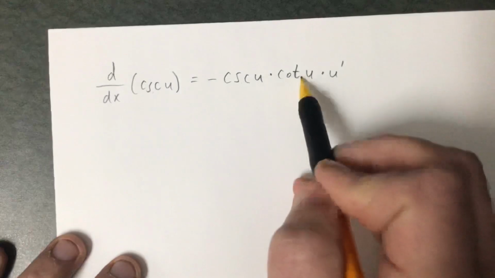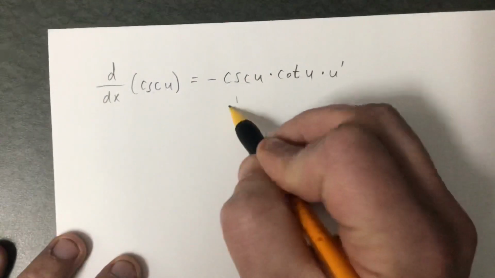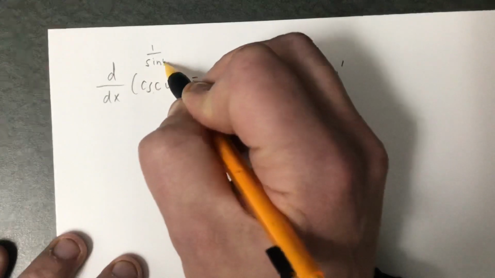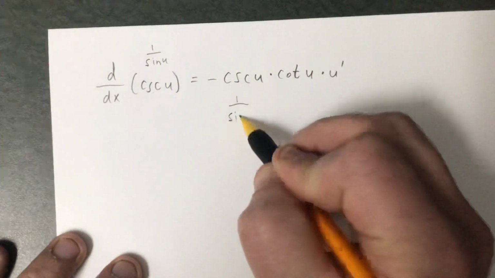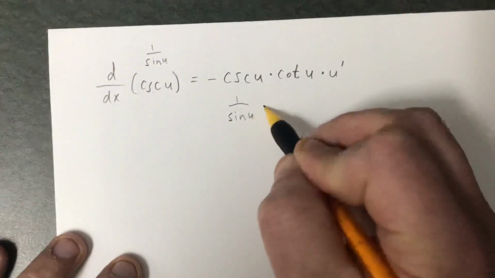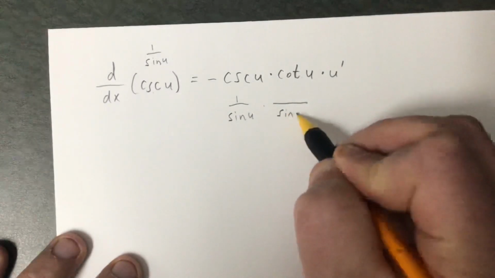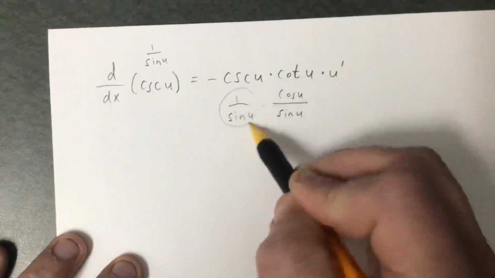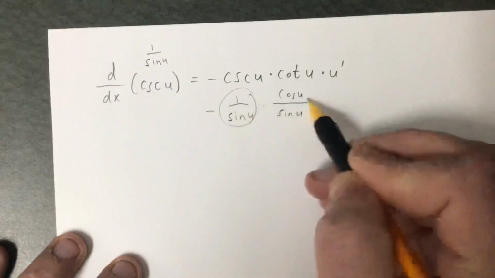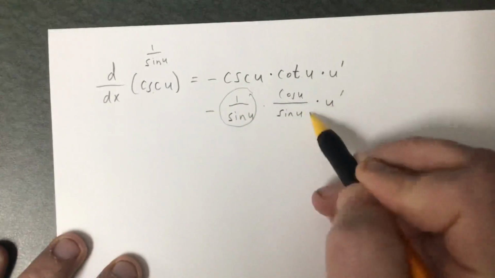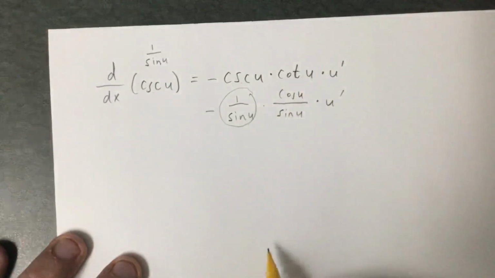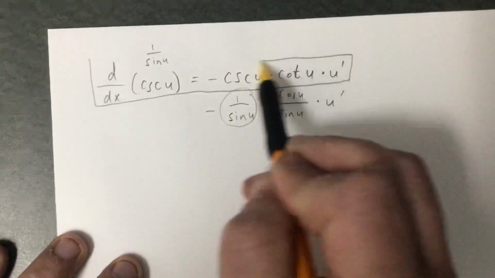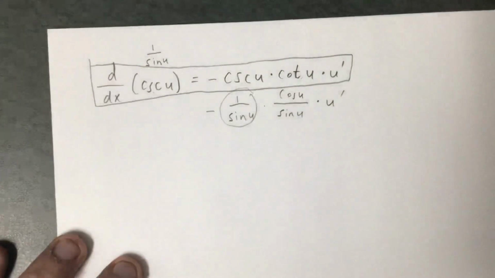And I know it's a cotangent because I know when it's 1 over sine in here, then I know this is a 1 over sine up front. And I know the sine is on the bottom for both of them. So I know this one is going to be my cosecant. I'll have my negative there. I know there's always a times u prime, but I know if the sine's on the bottom, it's going to be cotangent. So long story short, this is what we need to be able to do and recognize.